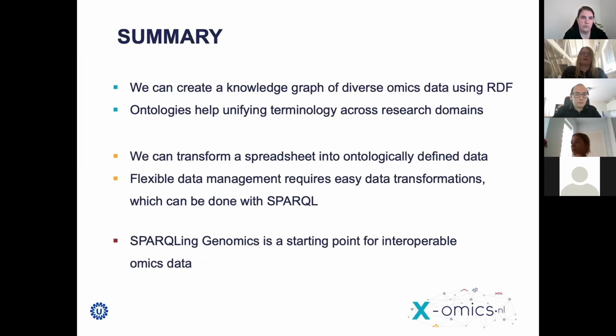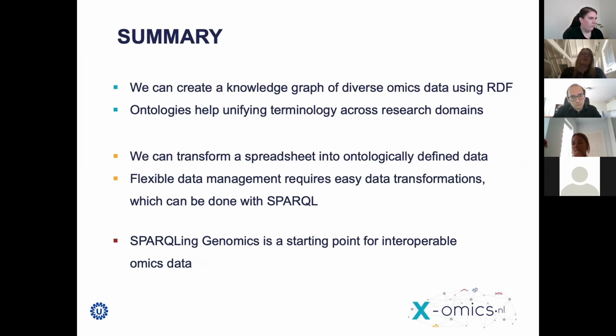To summarize the presentation part of this session: we can create a knowledge graph of diverse omics data using RDF. And ontologies help us unify terminology across research domains. We can transform a spreadsheet into ontologically defined data.